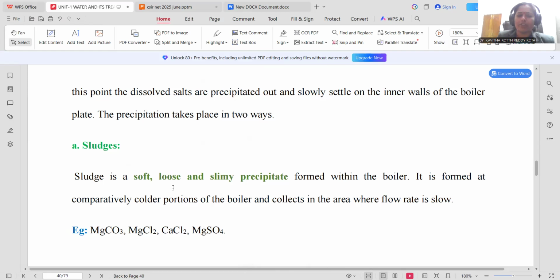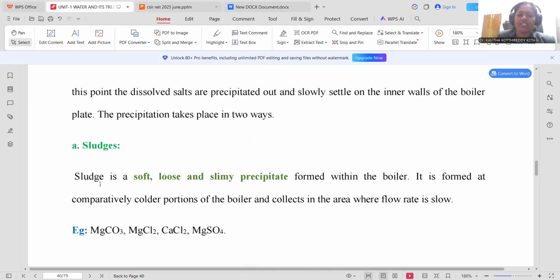So here is the definition of sludges. Sludge is the soft, loose and slimy precipitate formed within the boiler. It is formed at the comparatively colder portions of the boiler and collects in areas where flow rate is low, right? So sludge is nothing but very soft and loose slimy material. It is a precipitate only, but it has an easily removable tendency, being softly made.